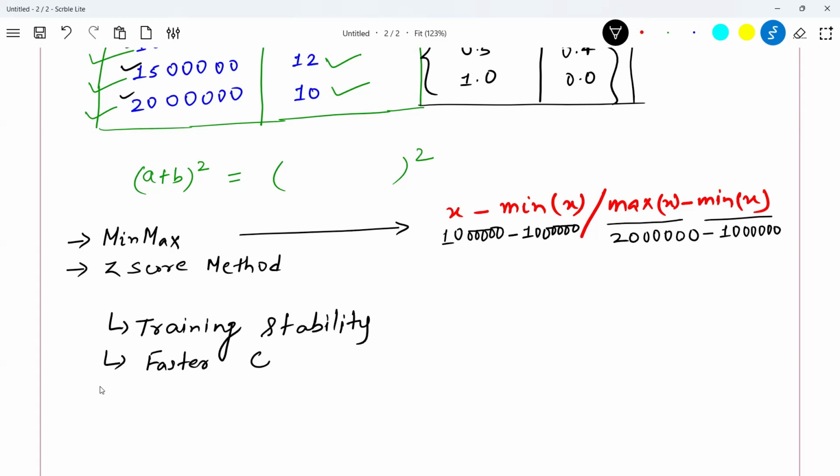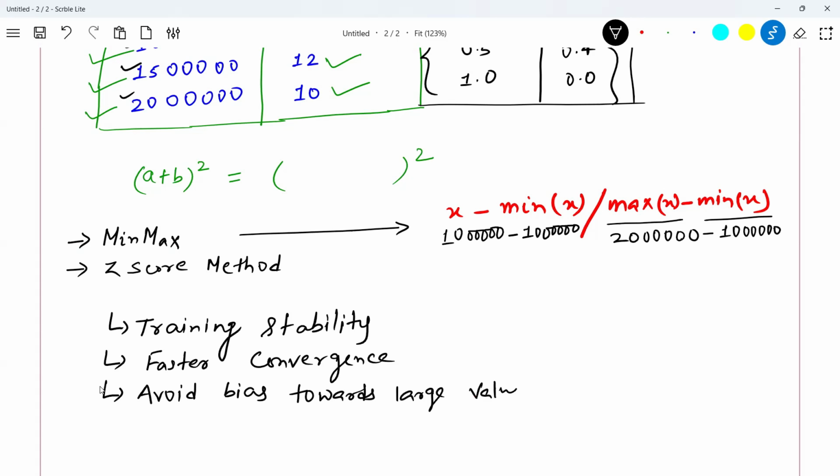So: training stability, faster convergence. I'm knowingly writing here so that you can answer in a point-wise manner in an interview. I told you it will be biased towards large values, so avoid bias towards large values. If somebody asks you why you normalize, you have to tell these things.